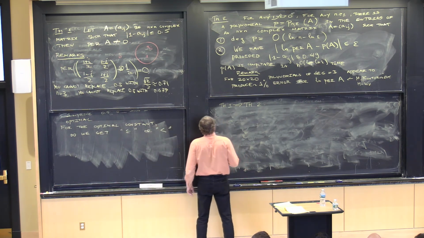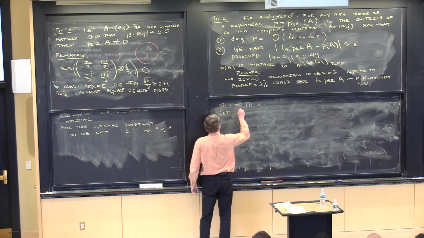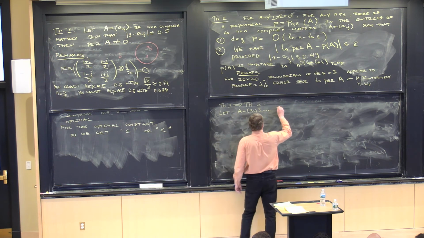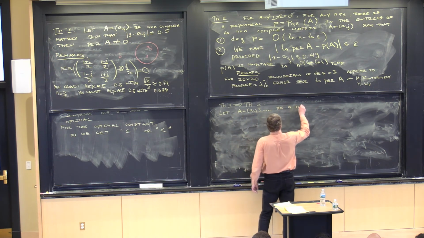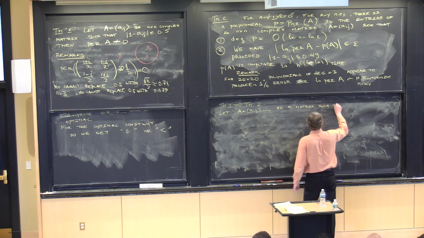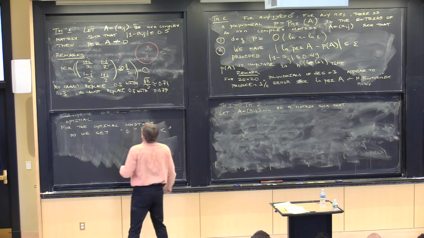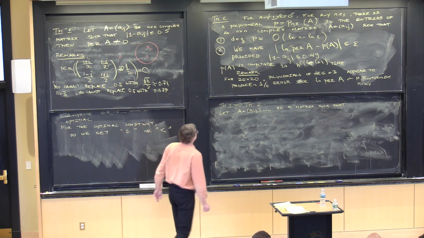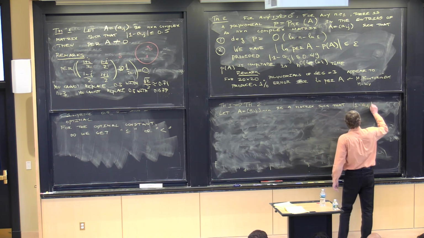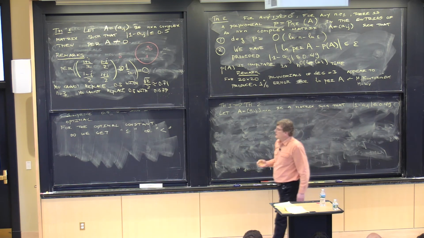So let A be a matrix that satisfies the conditions of theorem 2, so the distance to 1 does not exceed 0.49. So I have to come up with a polynomial.